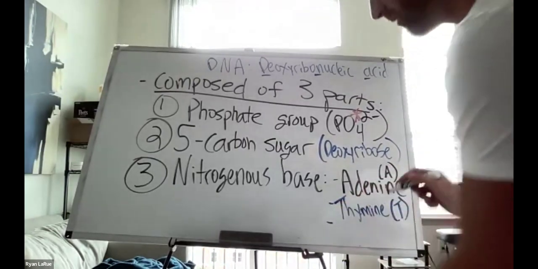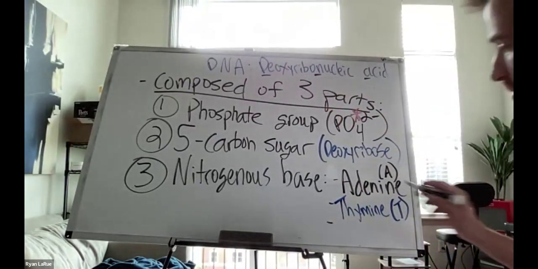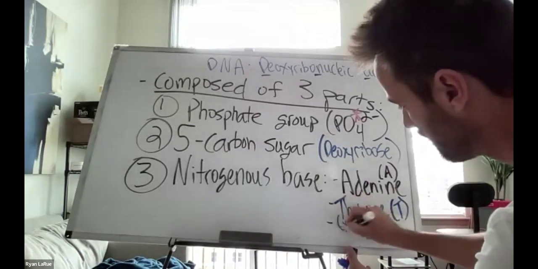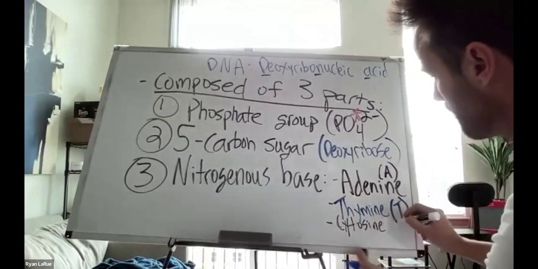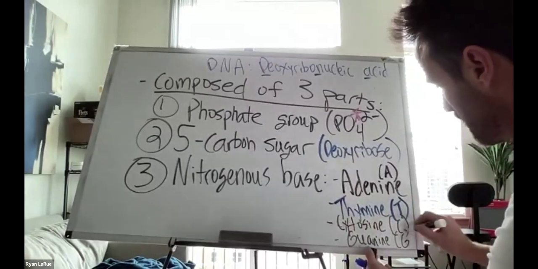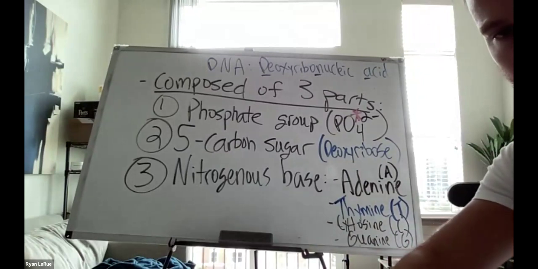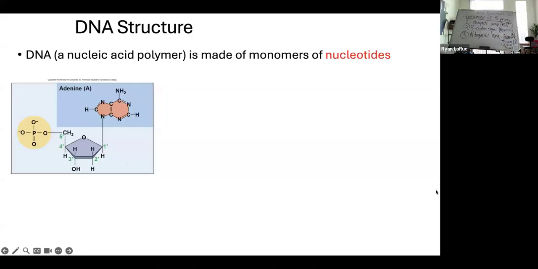So those are, writing out of room, sorry, this whiteboard isn't super big, but we've got also cytosine, C, and guanine, G. And so actually on the slide here, I have pictured an example of a nucleotide, a DNA nucleotide, and it has an adenine base, as you can see.